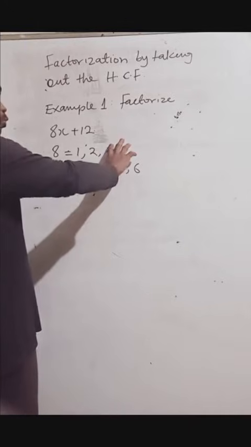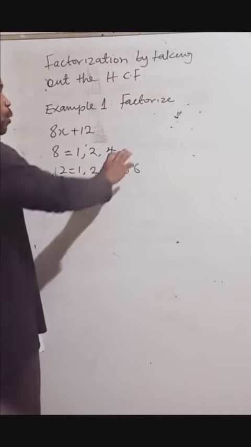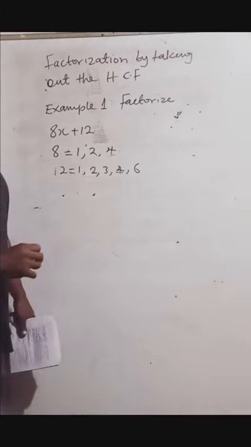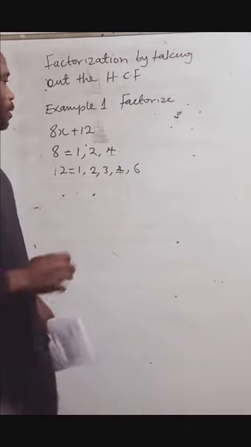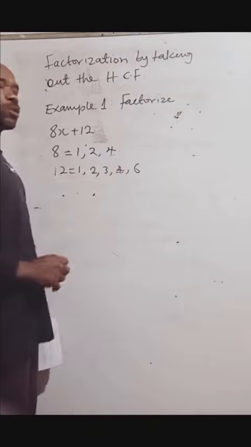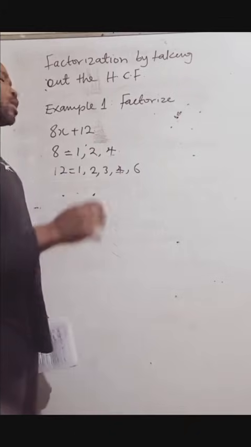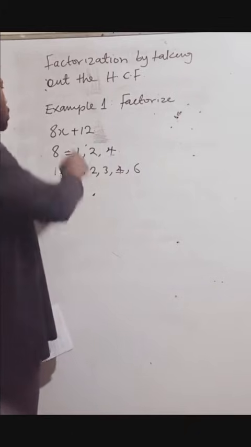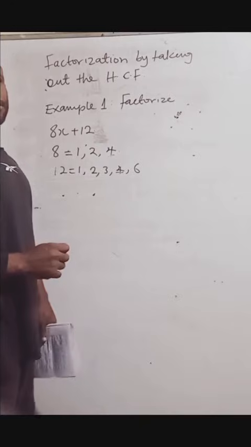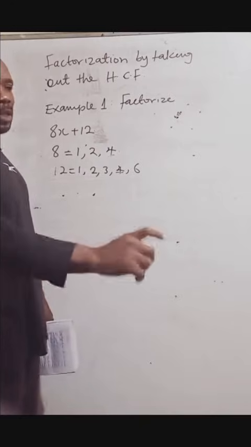So we are going to use this. The reason why we're using the highest common factor is because this is the factor that will give us the simplest version of 8x plus 12 when we factorize it.